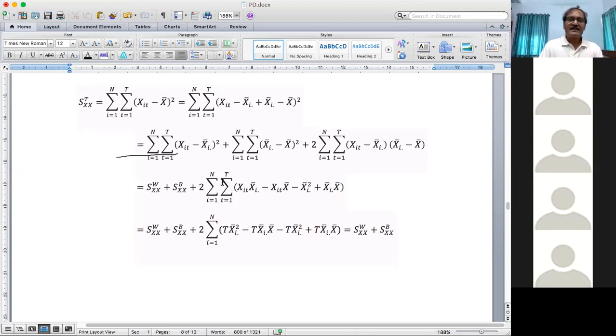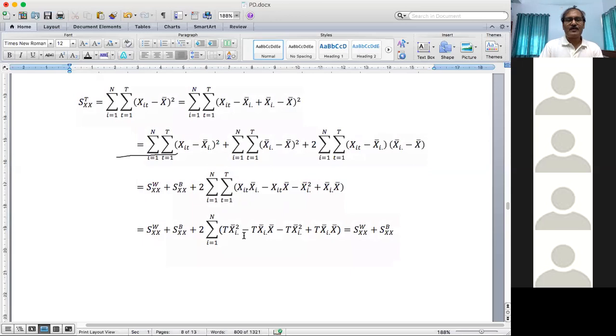So just take a first bracket within this and operate the sum over time first. So if we take a sum of xit, sum over t is equal to 1 to T, it will be equal to capital T into x bar i dot. So after multiplying it, you will get T into x bar i dot square. Similarly, if we take sum of this component over time, you will get this. So in this way, you will get this component.